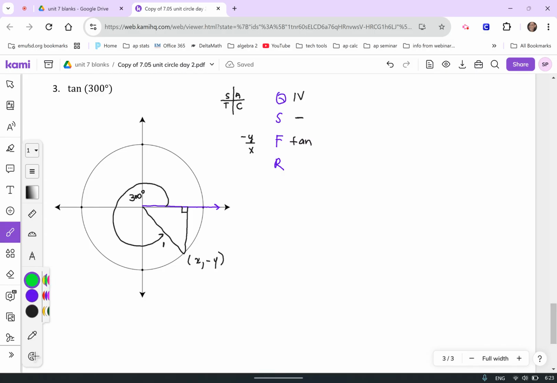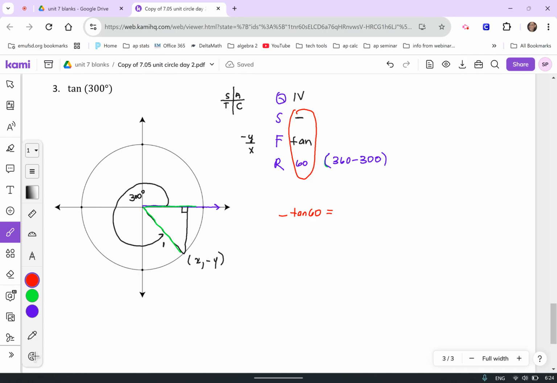How do I get the reference angle? Well, again, the reference angle is formed by the closest portion of the x-axis and the terminal side. And so to get that, you would go 360 minus 300 and get 60 degrees. So this is negative tan of 60.